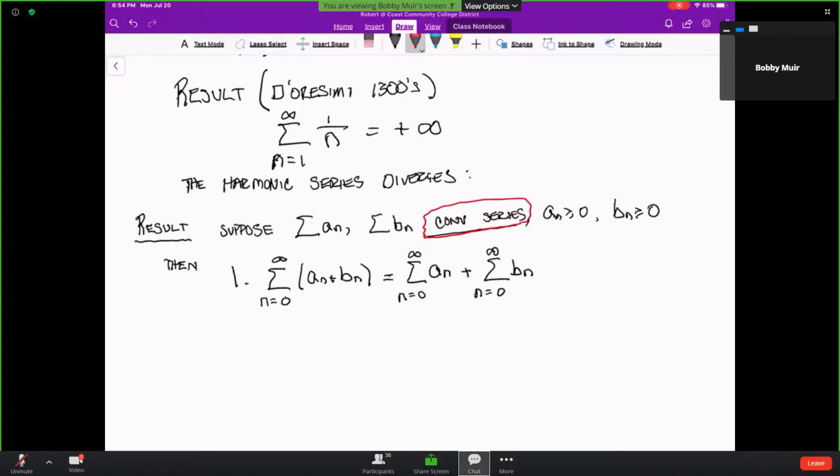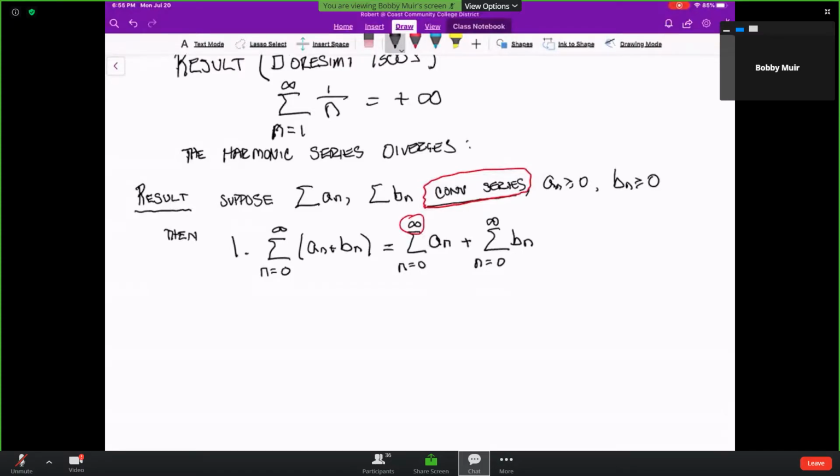This is something that you would just knee-jerk say to do, well, that's if it stopped at a capital N up here. But the fact that we're going to infinity means that this happens. And then number two, as long as it's converging, the sum from n equaling 0 to infinity of C times a_n, this can be factored out.